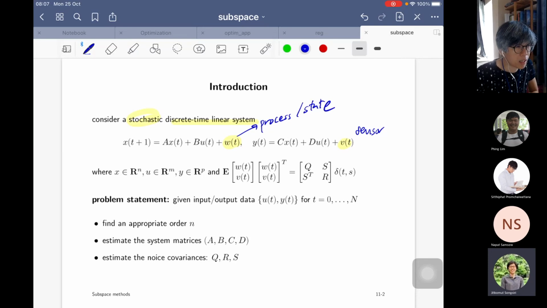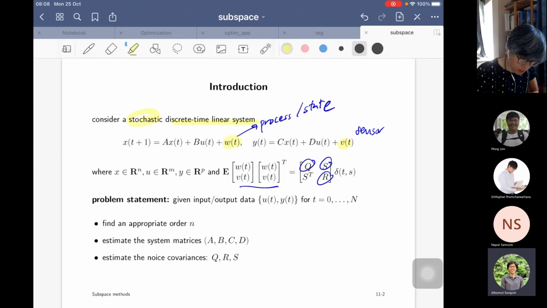What do we assume about this noise? They have covariance matrices. For W, the covariance is Q. For V, the sensor noise covariance is R. There is also a cross covariance between these two noises, given by S. With the delta function, it means that these are white noise.